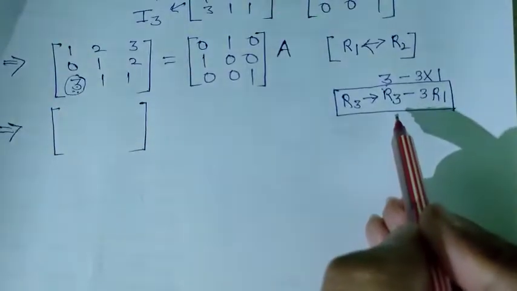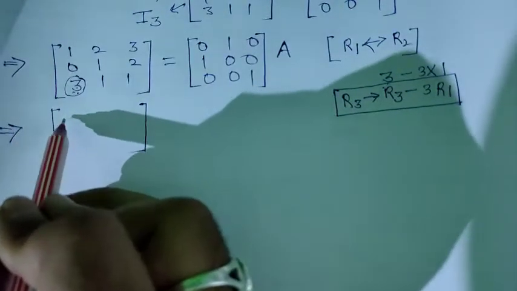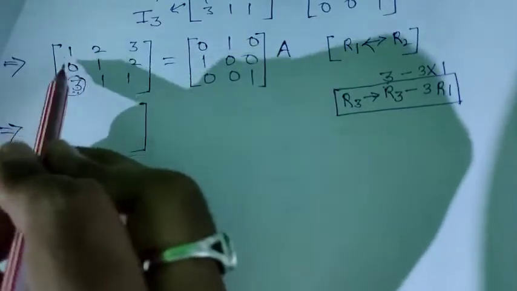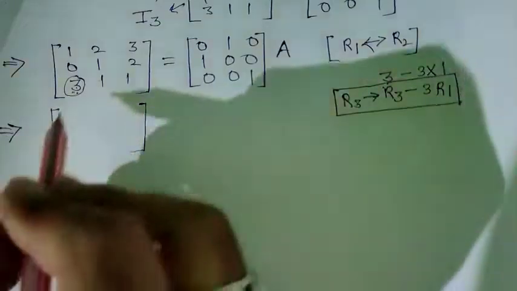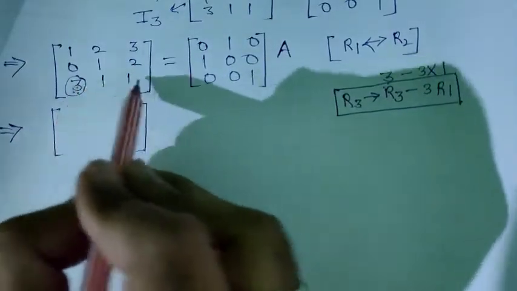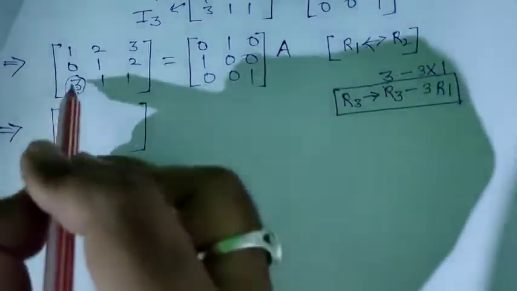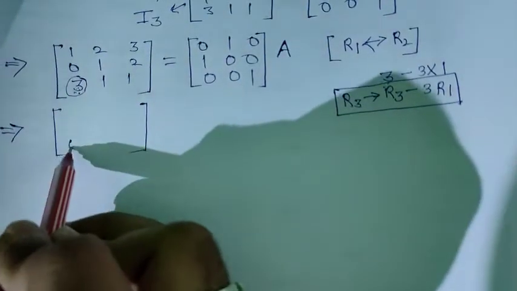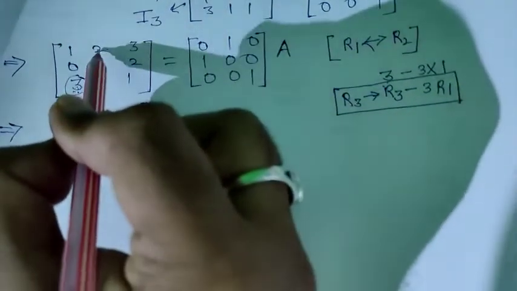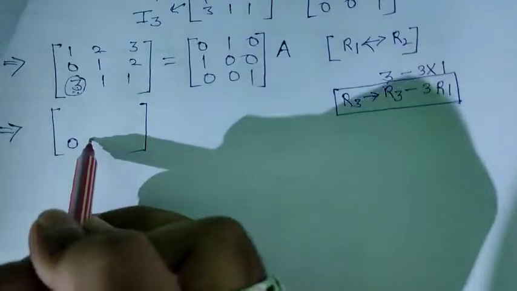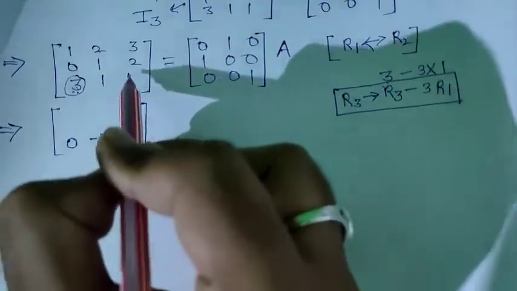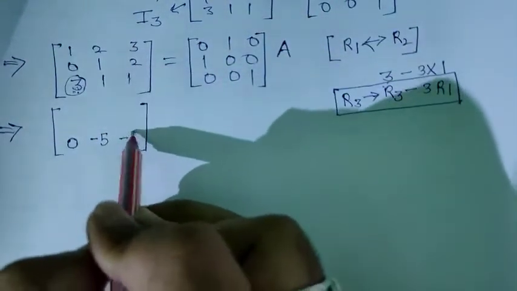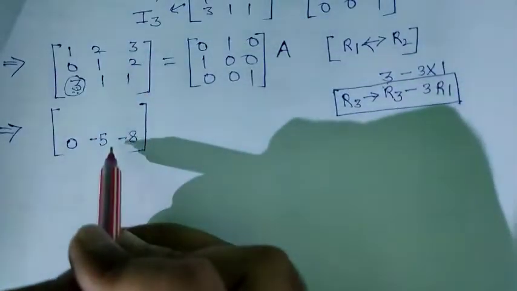By applying this procedure, in the first and second row no changes, so we will write as it is. And in the third row, this will be 3 minus 3 into 1, it means 0. 1 minus 3 into 2 means minus 5. And similarly this is minus 8, 1 minus 9.